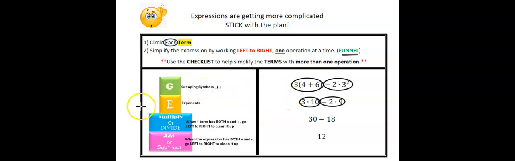Okay, just to look at this chart, the G stands for grouping symbols. The E stands for exponents. The M or D stands for multiply, divide, and that's always left to right.